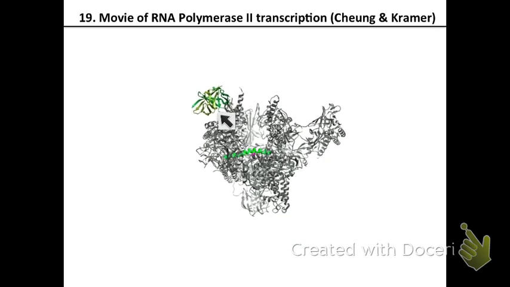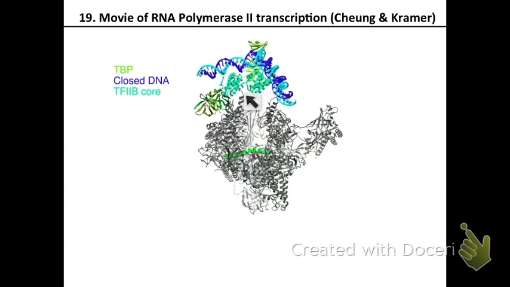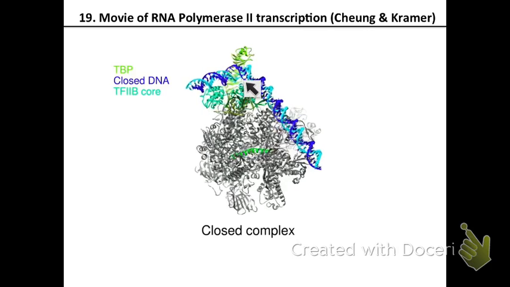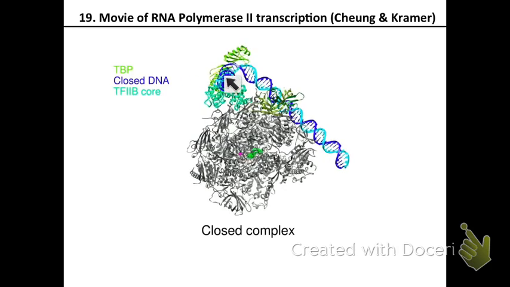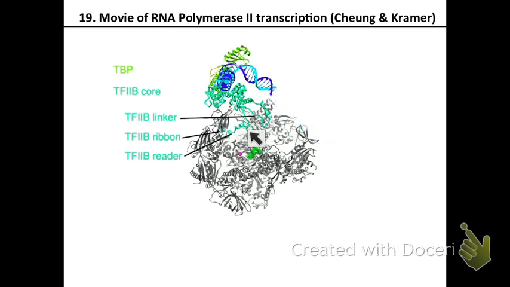And once this enzyme is formed, it can recognize the TBP that's bound to the DNA, shown here in blue, and that's the TF2B. What the TF2B does is make contacts with the RNA polymerase so that it is positioned perfectly right next to the DNA that's going to start transcribing. These are the different features of the TF2B protein that's making those contacts.